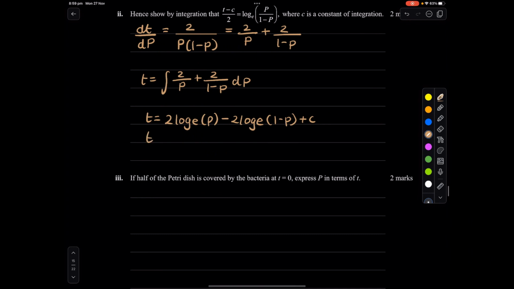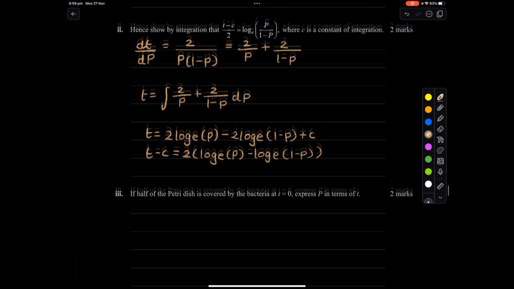All right, so we want to get in that form. If we say t minus c, and take a common factor of 2 out of both of them, we get log e p minus log e 1 minus p.